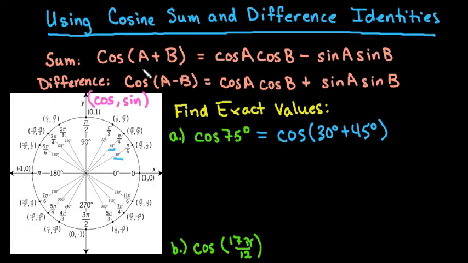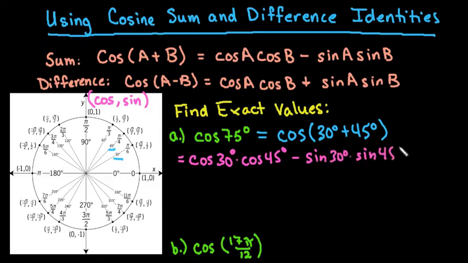Since we have the sum of two angles, we would rewrite this as cosine of 30 times cosine of 45, and because we do the opposite, minus sine of 30 times the sine of 45 degrees. Now I can just go to my unit circle and find these values.